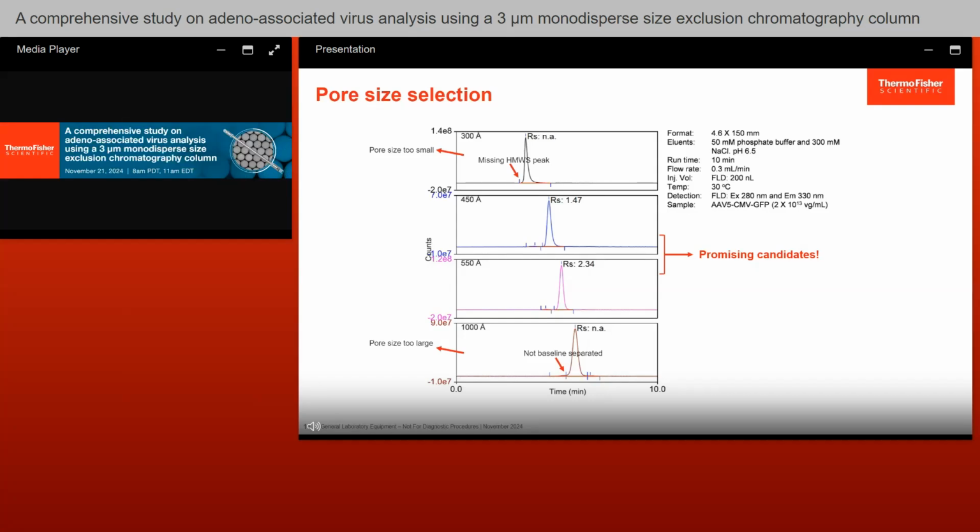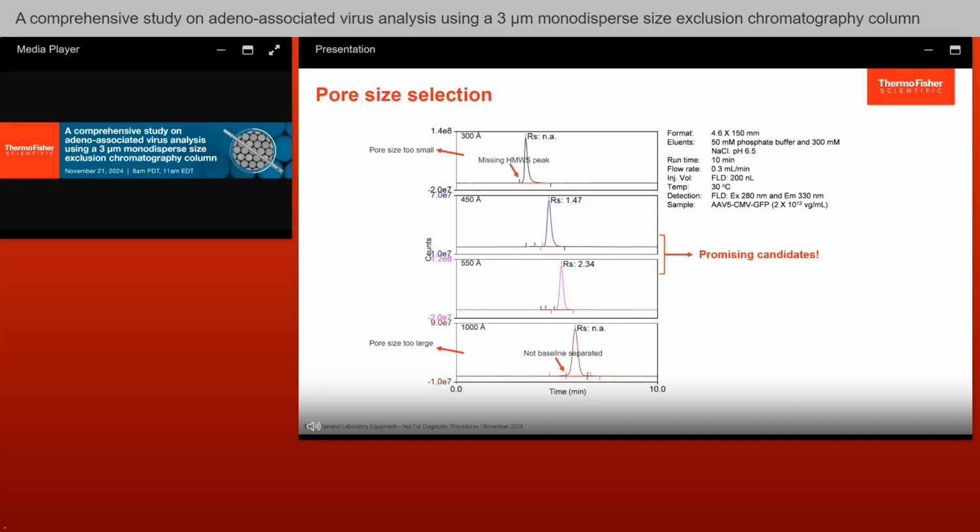Once the pore size is large enough at 450, we can see the high molecular weight species peak separated, and the resolution between the monomer and aggregates is 1.47. For the 550 angstrom, the resolution increased to 2.34.